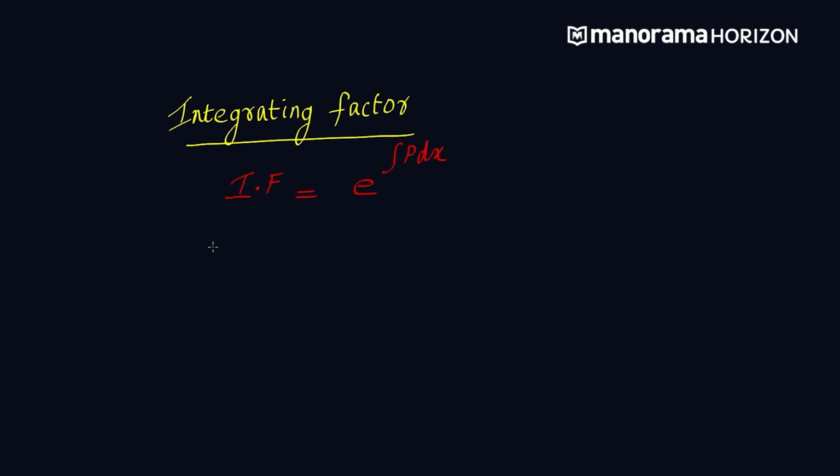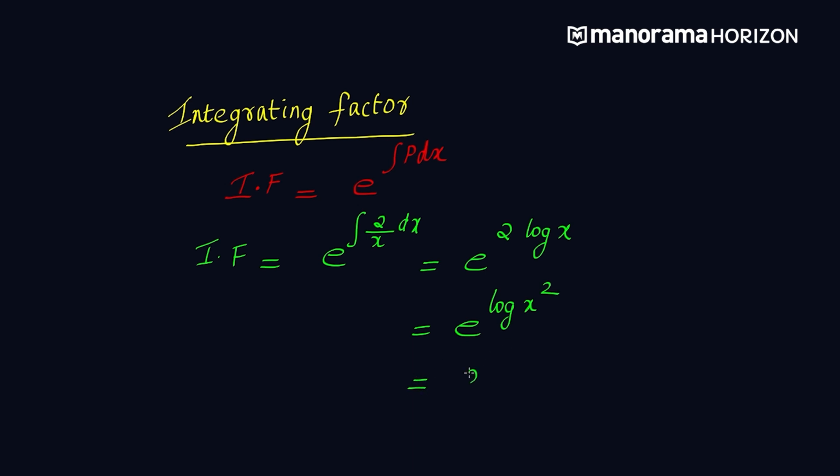So, in this particular question, our integrating factor will be equal to e raised to integral p, our p is 2 by x, dx, which is equal to e raised to 2, the integral of 1 by x is log x, which can be written as e raised to log of x square. Then e raised to log cancel, we get x square. So, the integrating factor is equal to x square.